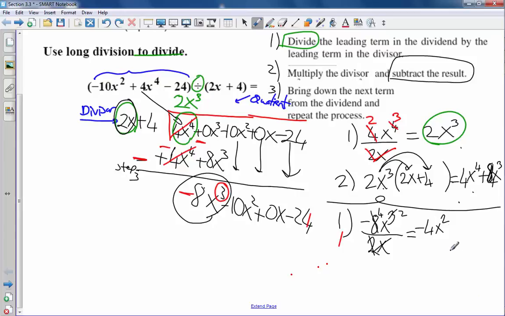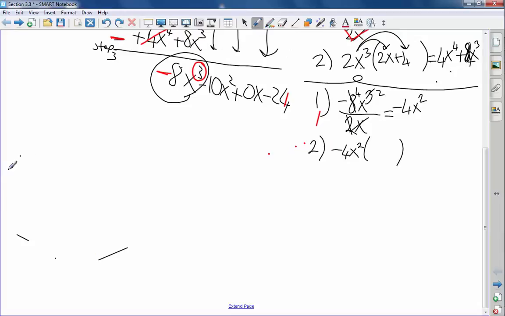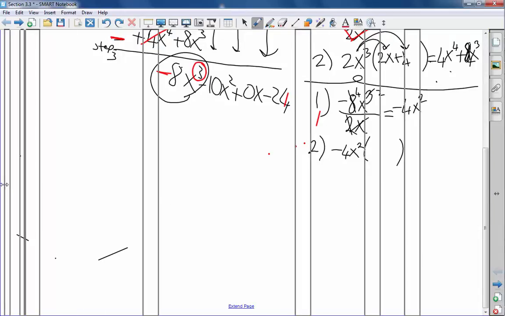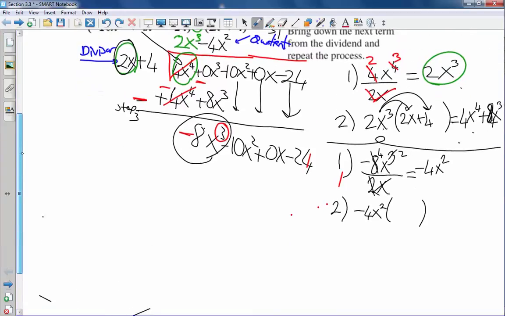And before I forget, I need to move it here. Negative 4x squared. Second, we multiply this with the divisor. What is the divisor? 2x plus 4. 2x plus 4, yes.